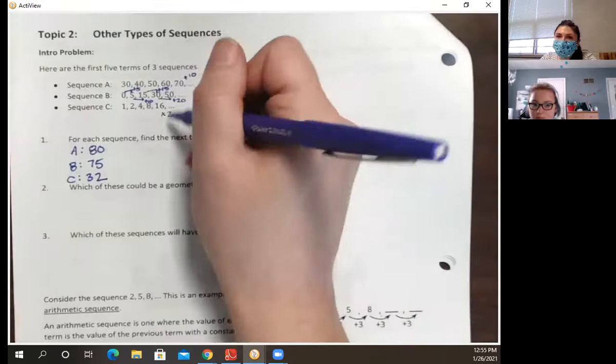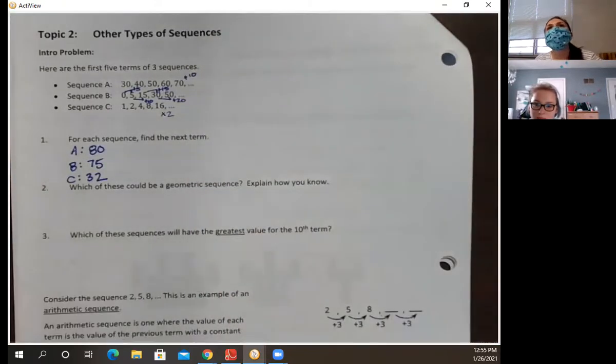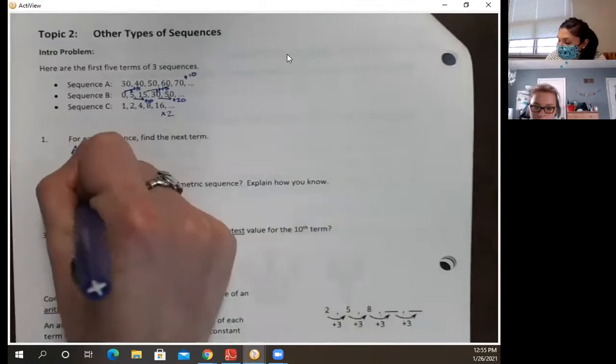Which of these sequences fit our definition for a geometric sequence? C. Why C? Exactly.